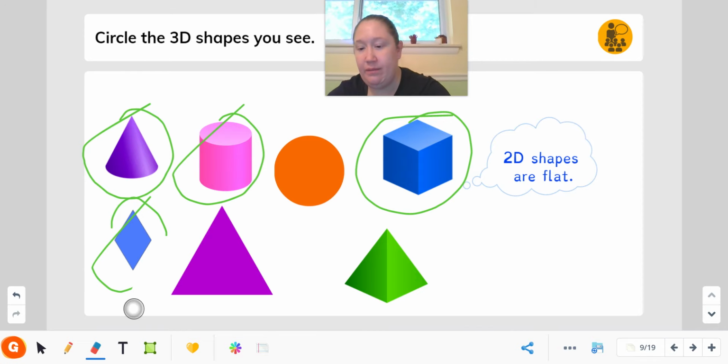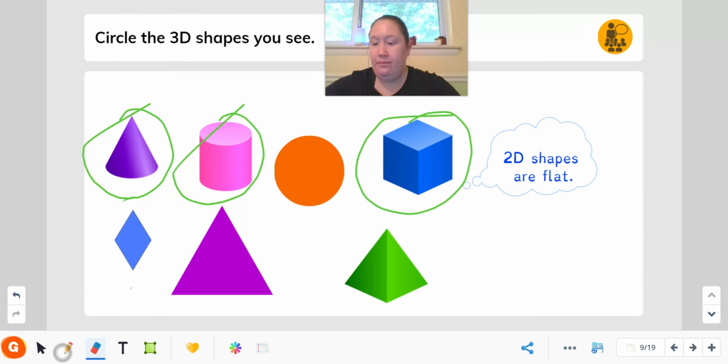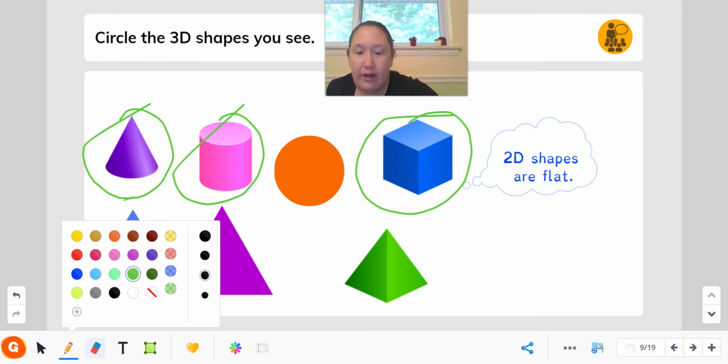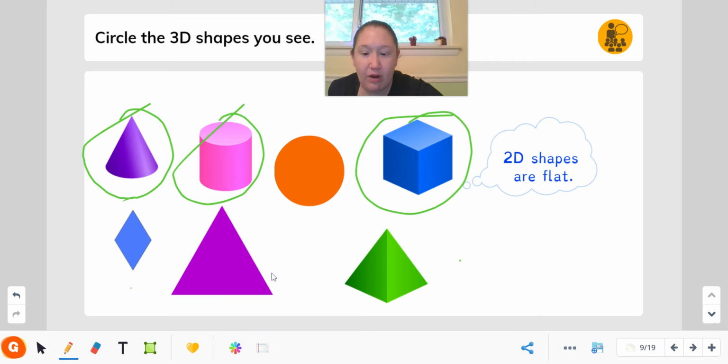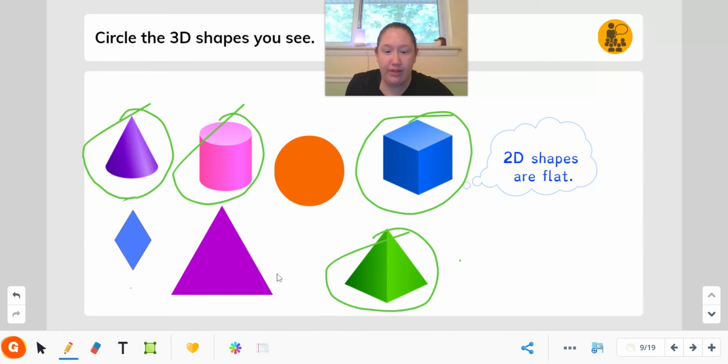Got ahead of myself there. All right, other 3D shapes. Oh, it looks like we have one more. We have a green pyramid down here in the corner. That's a 3D shape. So the 2D shapes we have are the rhombus or diamond, the triangle, and the circle.